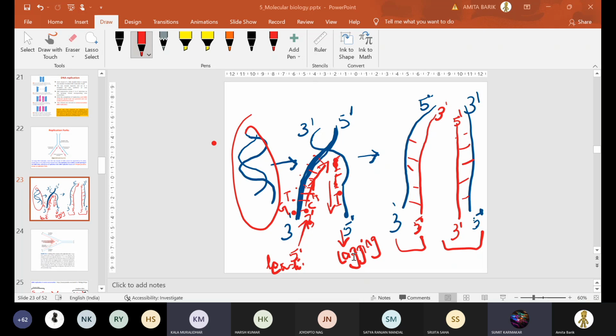Ma'am, that strand from the parent DNA, it is referred to as the template. Yes. Okay, thank you. That is the template. Template in the sense that, because of whatever nucleotides are present in that strand, the newly synthesized DNA will form the complementary strand.